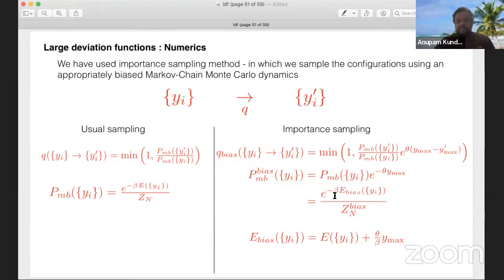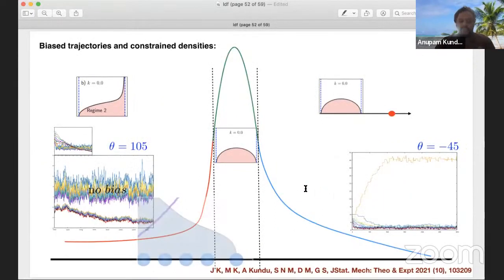By these dynamics, you can shift the typical behavior to wherever you desire. Suppose you want your typical behavior to be at some large value of W, then you have to choose your theta appropriately, and that's how you can explore a very large regime. And that's how we can compute this full distribution. Here you do not have to bias, and the trajectories are in this form.